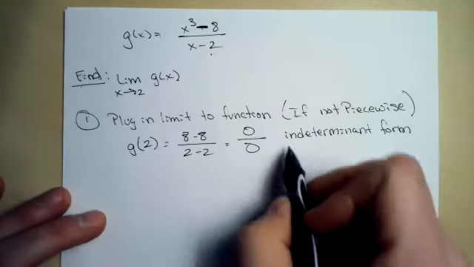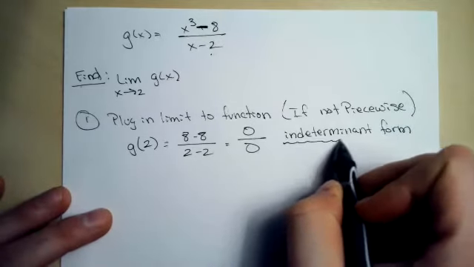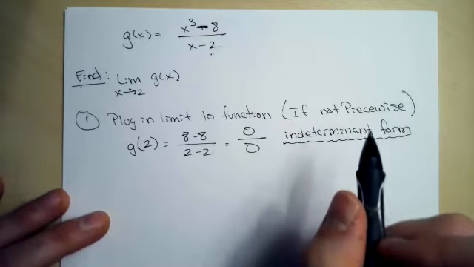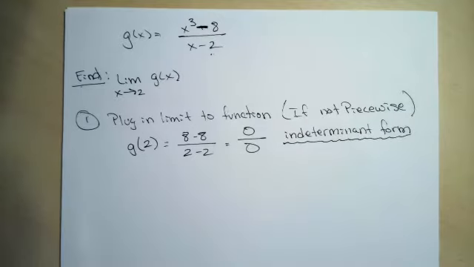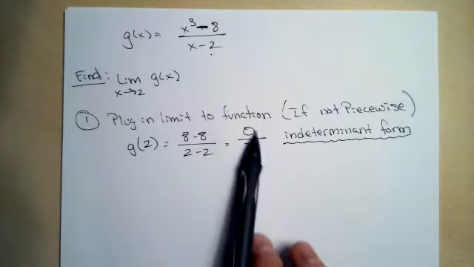This is a new word, and it's different from being undefined or not existing. So we've seen things like that in pre-calc where sometimes you try to compute a value, and if the function goes off to infinity or has an asymptote, we usually say does not exist or it's undefined. In this case, we're going to say that it's an indeterminate form.